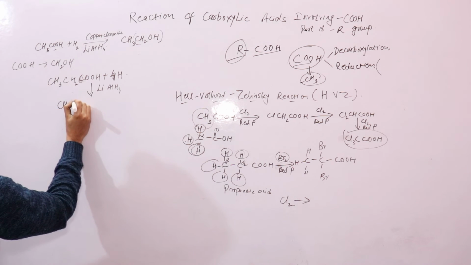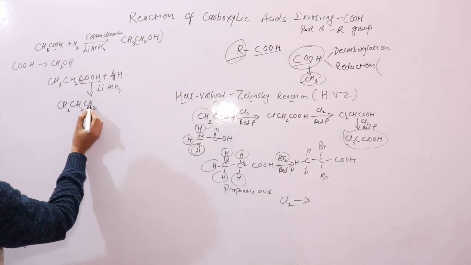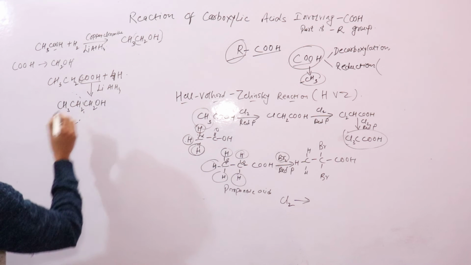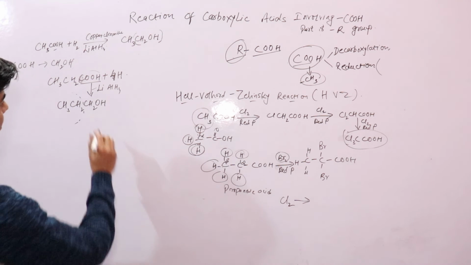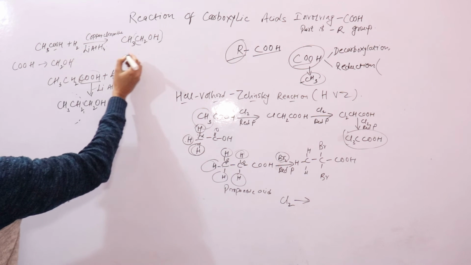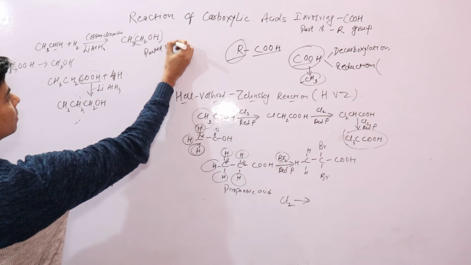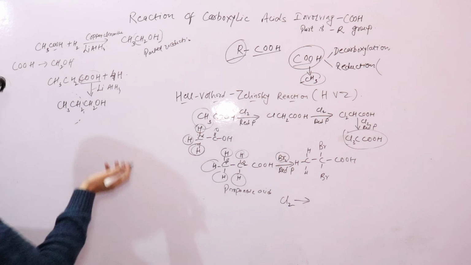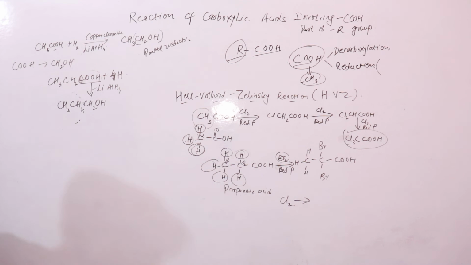So CH3CH2, this alkyl group will remain as it is. COOH would be reduced to CH2OH, right? So this is basically your partial reduction of the COOH group, and this is what is formed here.